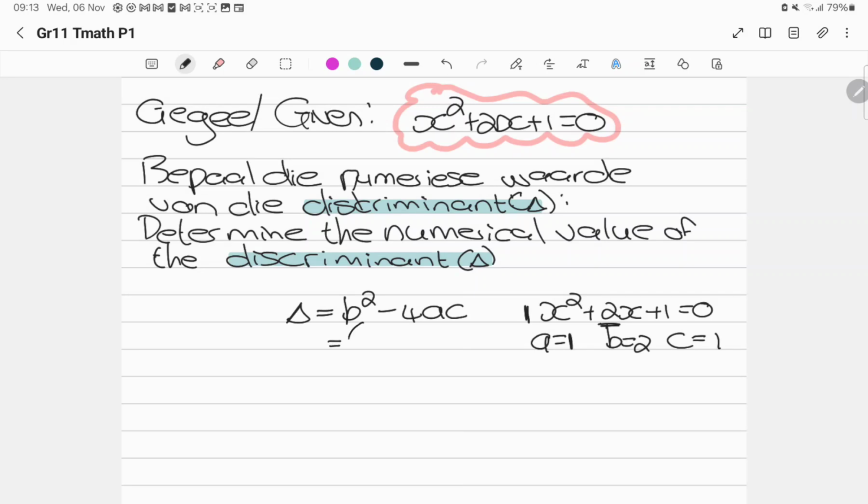Now you just substitute that. So into b I'm putting 2 squared minus 4, a is 1, and c is 1. Then I calculate this in my calculator, and it gives me an answer of 0. So that is the numerical value, your numerische waarde. My discriminant is equal to 0.